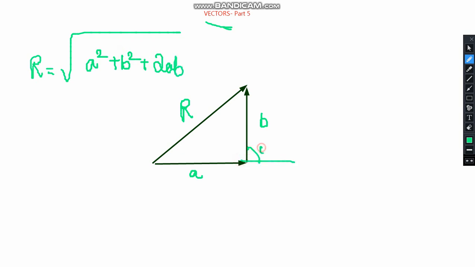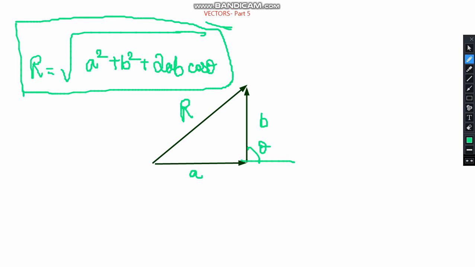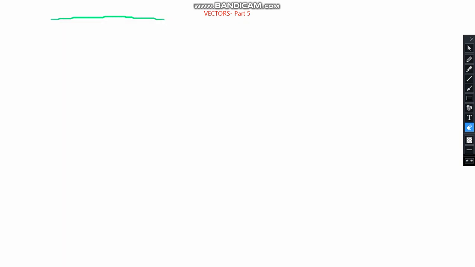This is one of the most important formulas. You definitely need to understand it. It's like the developmental stage of a child, one of the most developmental stages for vectors. Very important, very useful. Please know this formula: A square plus B square plus 2AB cos theta.